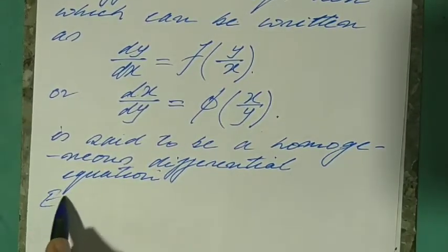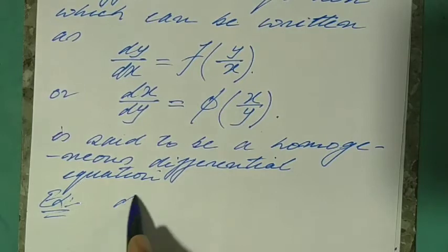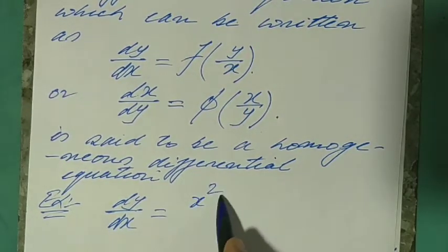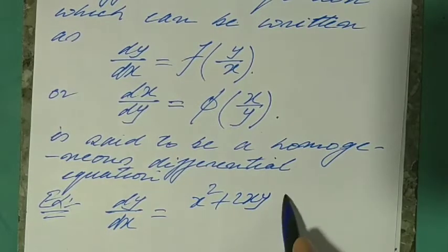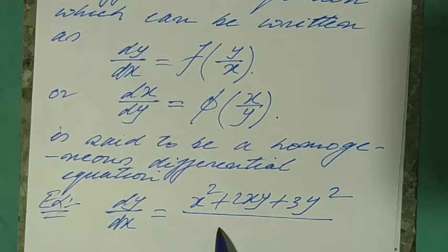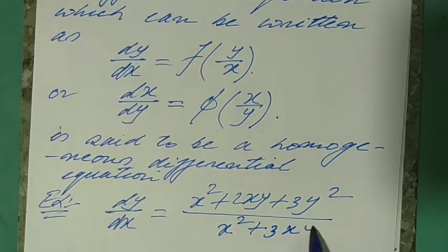For example, dy/dx = (x square plus 2xy plus 3y square) upon (x square plus 3xy).